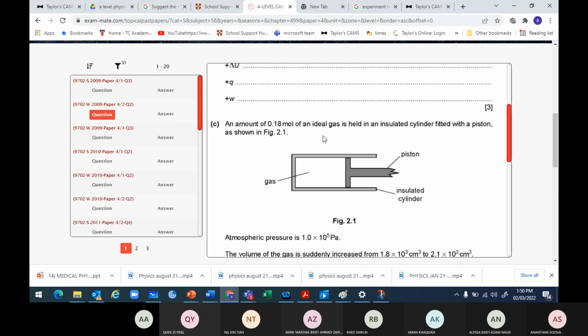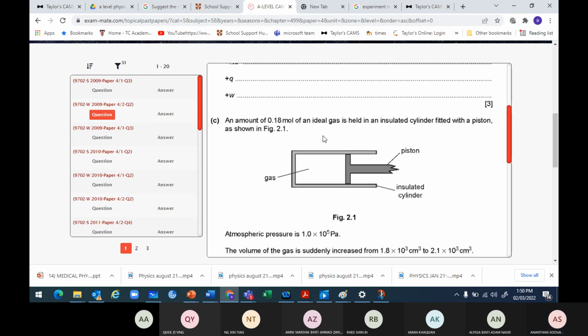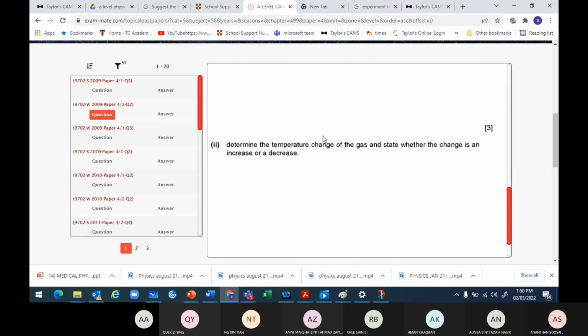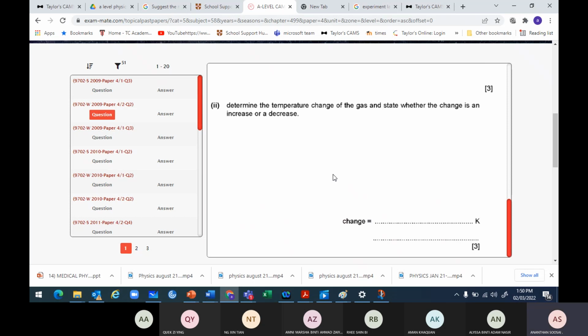Increase or decrease? Determine the temperature change. So any formula come to your mind? This is an ideal gas. Two minutes for you. Come on, figure it out.